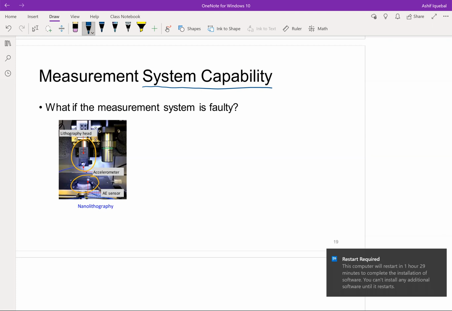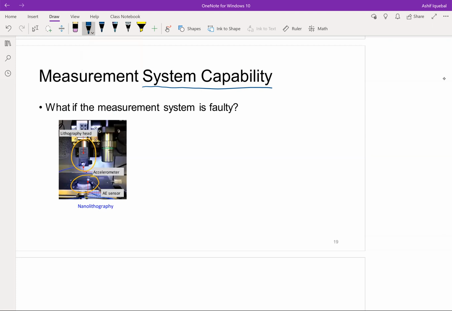So whenever we take a measurement from any measurement system, we always write Y equals X plus epsilon, where Y is your observed measurement, X is your true measurement, and epsilon is your measurement error.